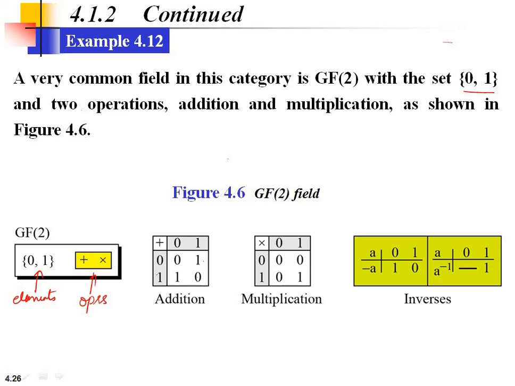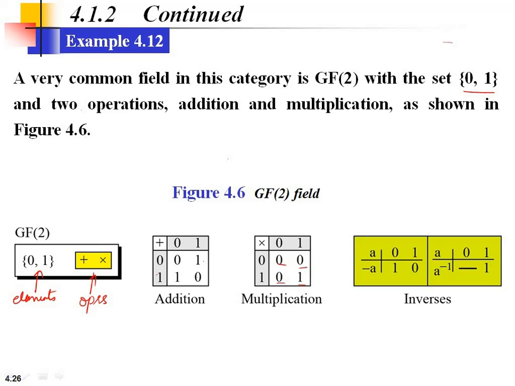Anything multiplied by 0 will give 0, and anything multiplied by 1 gives the same number itself. And then we have the identity element and the inverse element. For any number a, these are the inverses. If a is 0, then the additive inverse will be 1, and if a is 1, then its additive inverse will be 0.